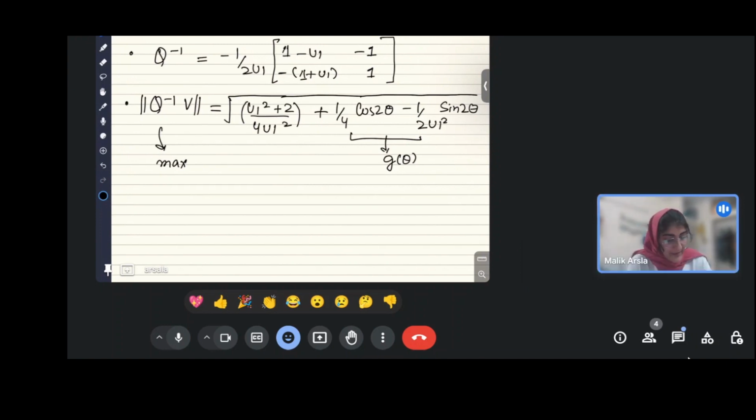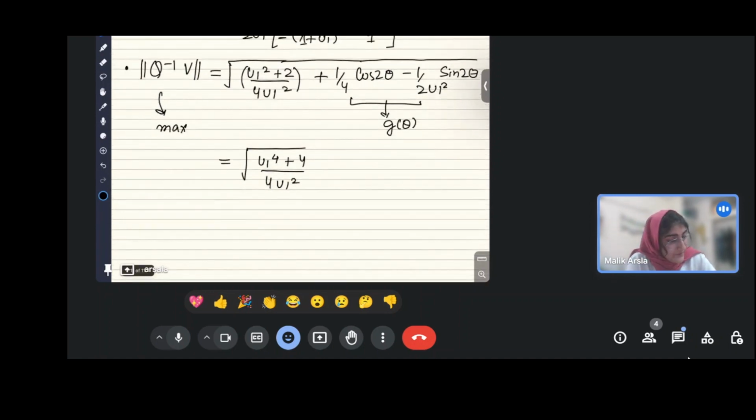So when we are maximizing this, we are getting something like under root of u1 to the power 4 plus 4 upon 4 u1 square. When we are maximizing g theta, this is the maximum value.